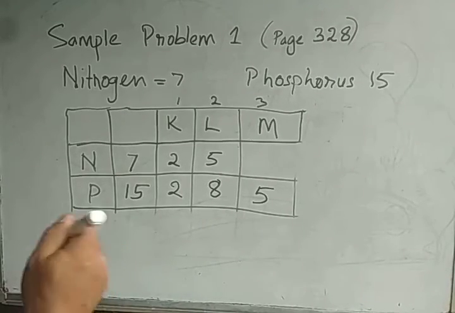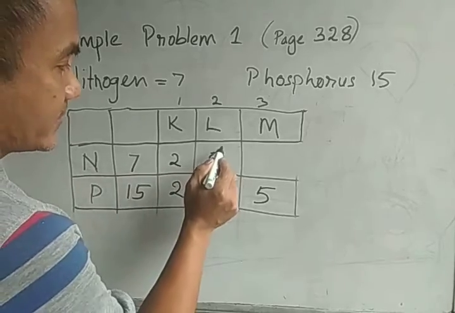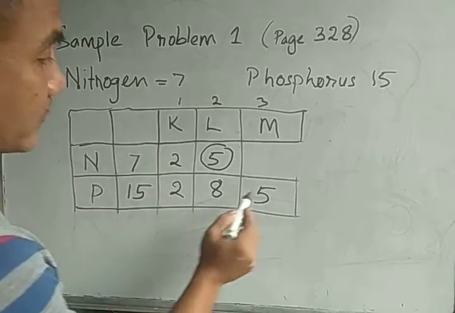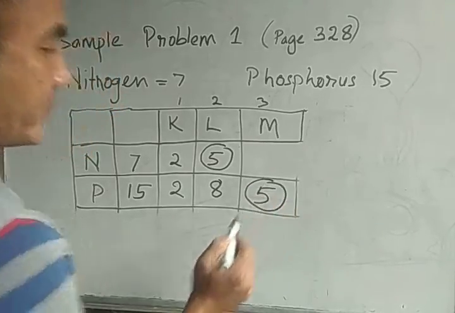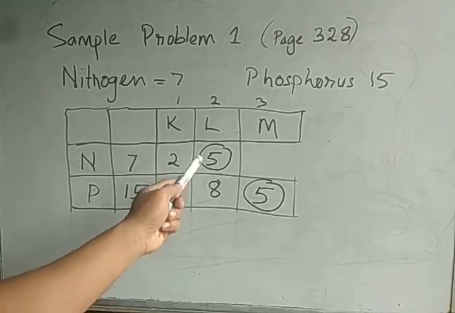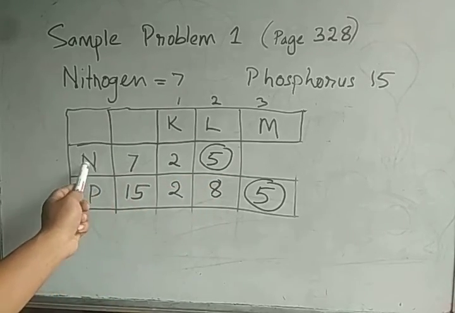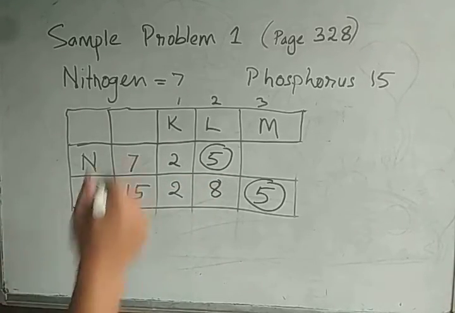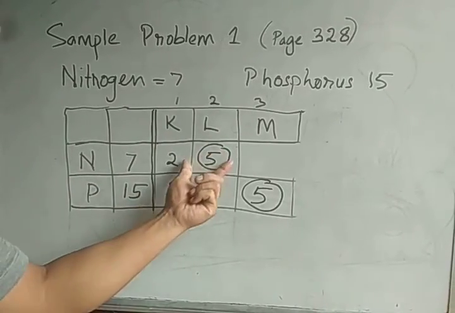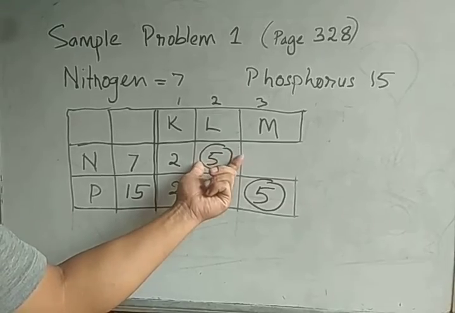And now the valence electrons for nitrogen are 5 and the valence electrons for phosphorus are 5 here. If you observe carefully, what is a valence electron? The electrons present in the outermost shell. Here nitrogen has only 2 shells, K shell and L shell. In the L shell there are 5 electrons, that is the valence electrons.